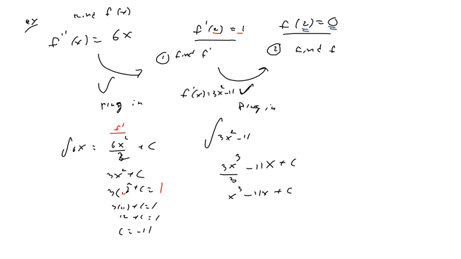This is f here. So I'm going to get, oh no, sorry, 2 cubed minus 11 times 2 plus c equals 0, and solve that one.